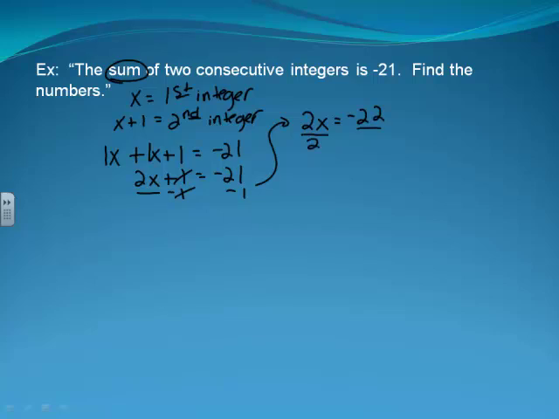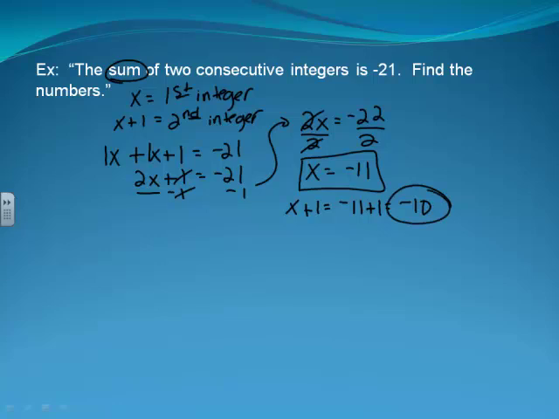And if we divide both sides by 2 to isolate the x, x is equal to 10. That's our first integer. Now notice that our second integer is 1 more than that. So x plus 1 will be 10 plus 1, which is 11. And our two consecutive integers for that problem would be 10 and 11.